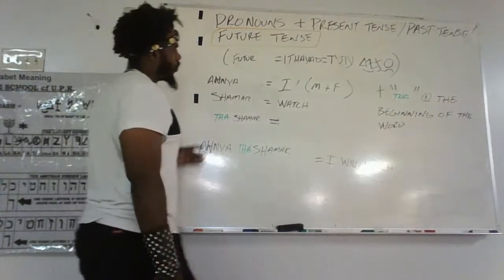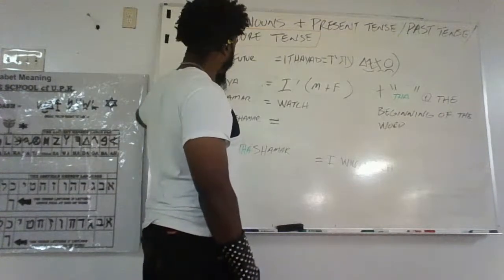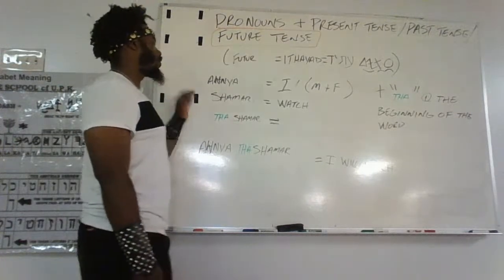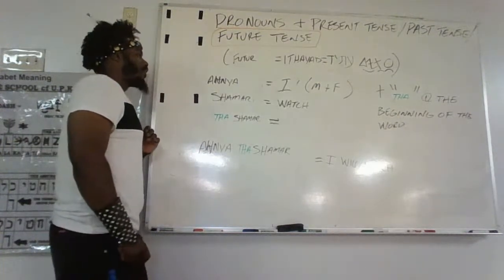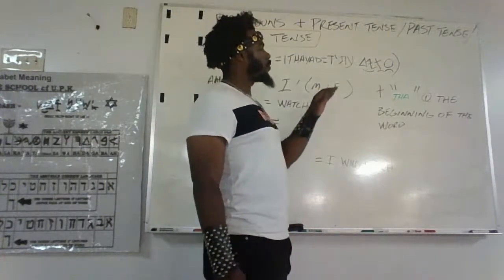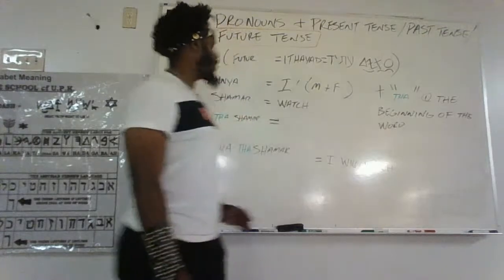So back to the beginning, anya, which is I, masculine or feminine. We're reusing the word shamar, which means to watch. So in the future tense, you want to add a prefix at the beginning of the word.